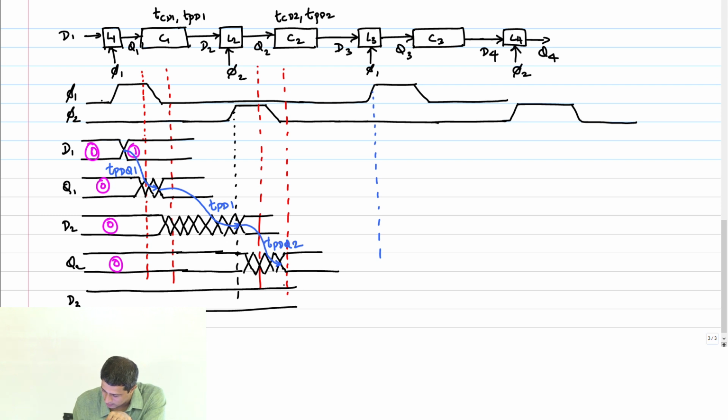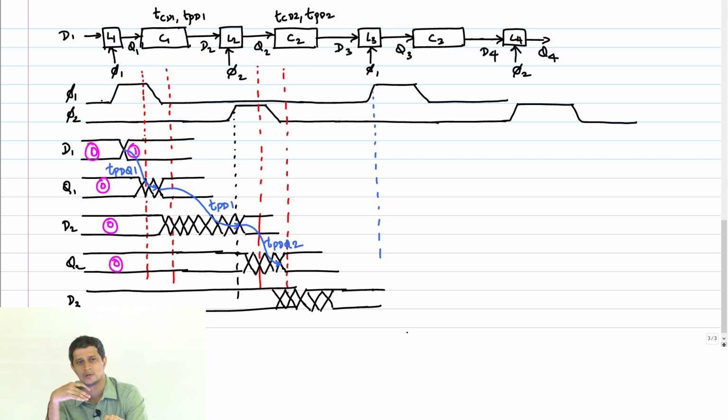And some contamination delay, and then it will settle to its proper state, right? Now, since I'm assuming that this data change is happening before the rising edge of phi 1 itself, there is no setup time problem. It can happen just at that clock edge and it will still go through properly, because the setup time really is for the next gap, right? So there's no issue there. So don't worry about that, okay?